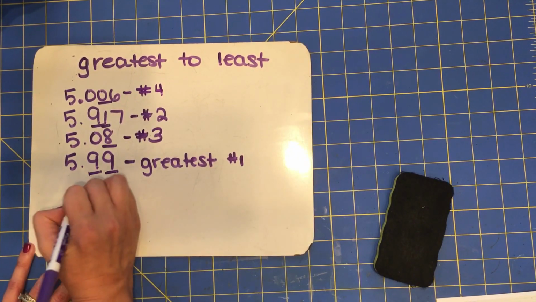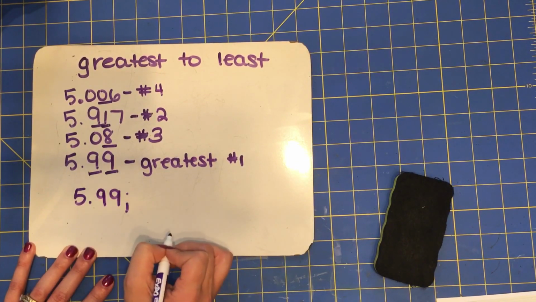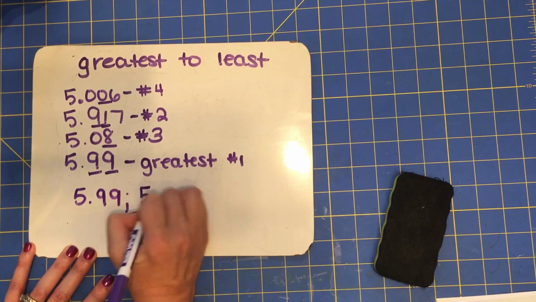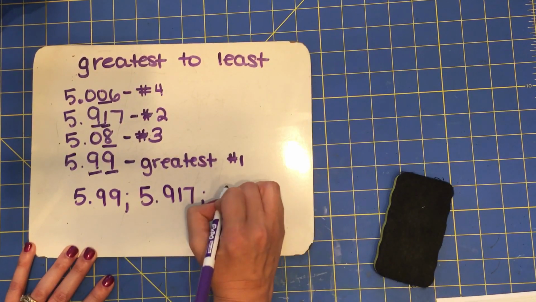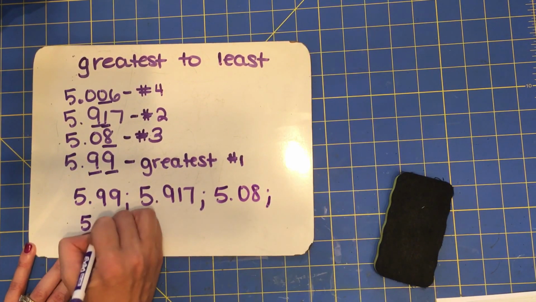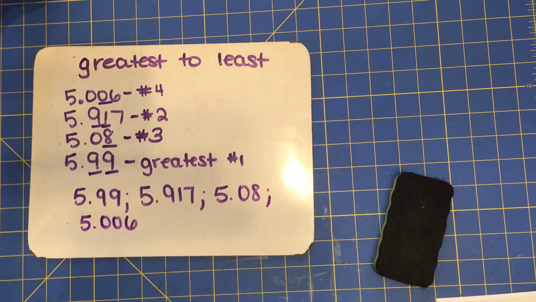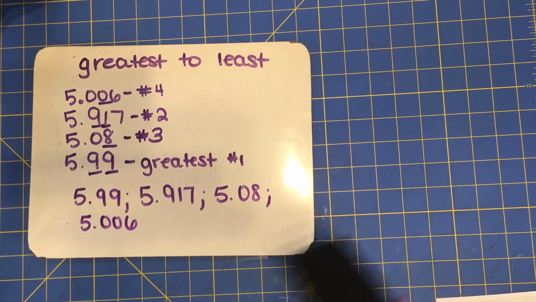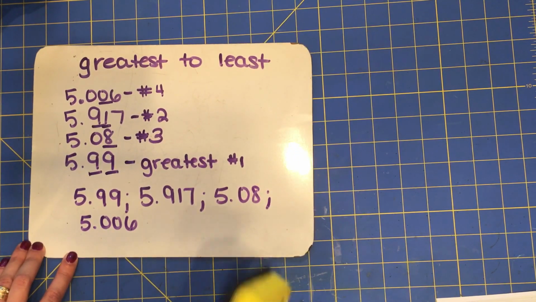So on your line, you should have written 5 and 99 hundredths, then 5 and 917 thousandths, then 5 and 8 hundredths, and lastly you should have written 5 and 6 thousandths. So that should be the correct order on your paper for number 1 in section 3.3, 3.4.